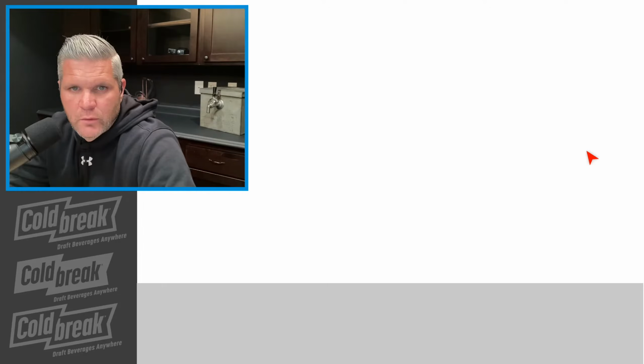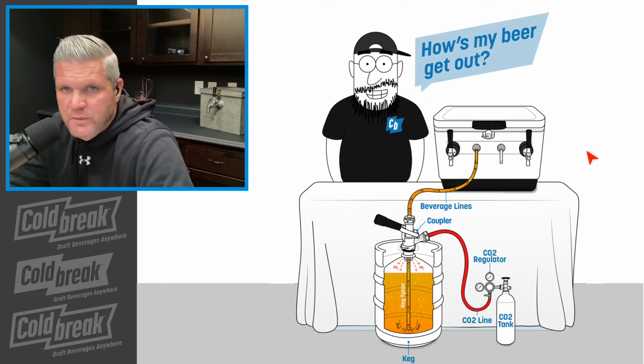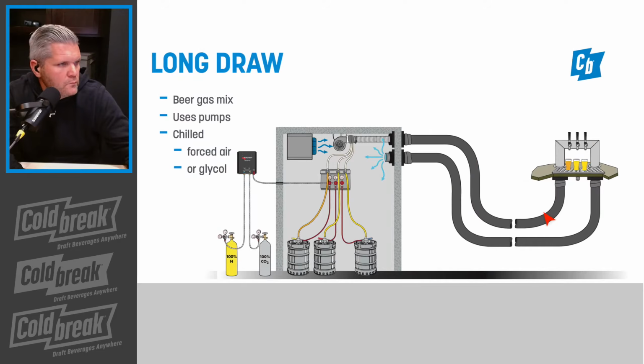The barrier tubing, or the tubing that you would see in a jockey box, would be either a coil or a cold plate. And then it ultimately winds up at the beer faucet. So that's a brief overview, and let's get into the nuances of gas.